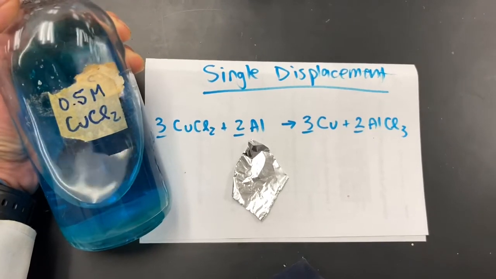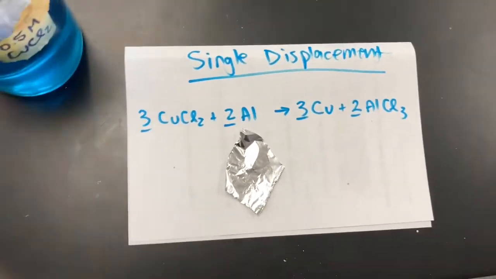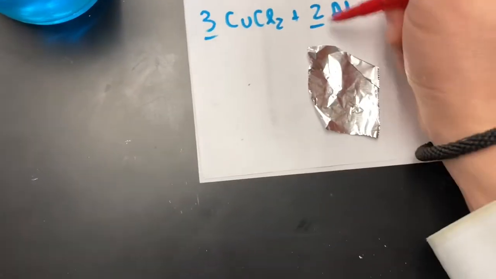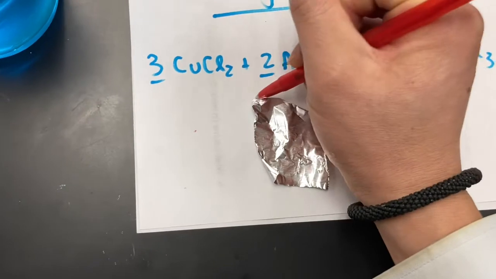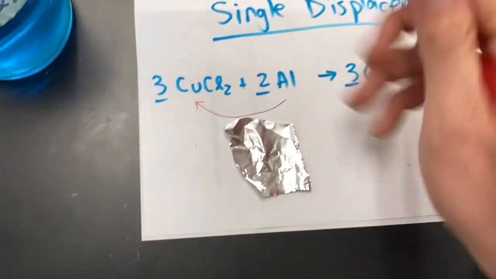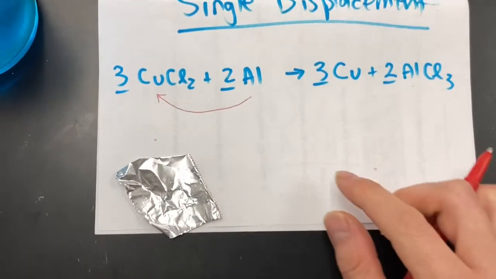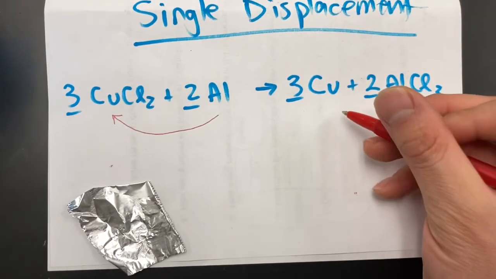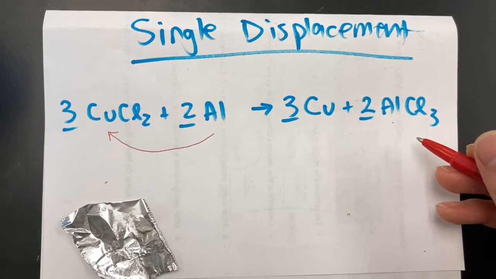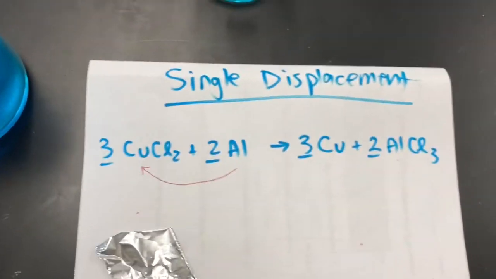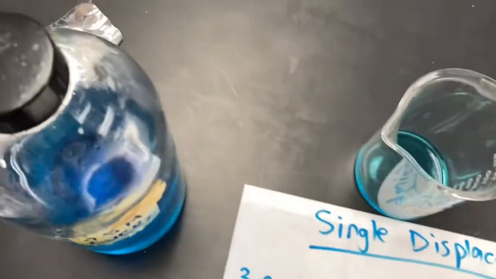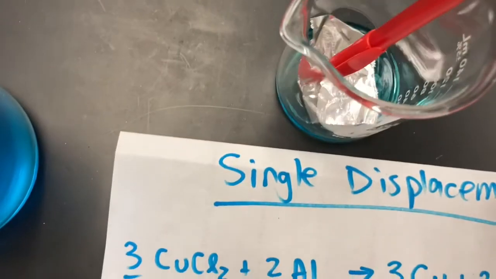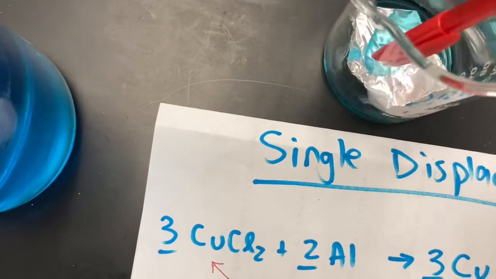The aluminum is going to replace the copper, it's gonna kick out the copper. And so what we should see is copper metal forming and aluminum chloride. So I'm gonna put aluminum and some copper chloride here, and let's see if we can watch this reaction take place.